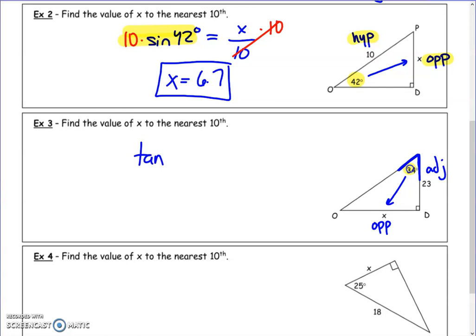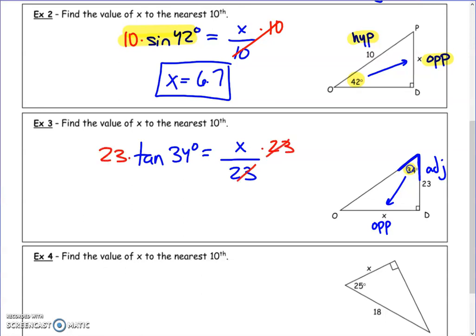But the equation is going to look very similar. Tangent of the angle, in this case it's 34 degrees, equals the opposite side, which is my x, divided by my adjacent side, which is 23. This equation looks very similar to the one up above, so we will multiply both sides by 23.